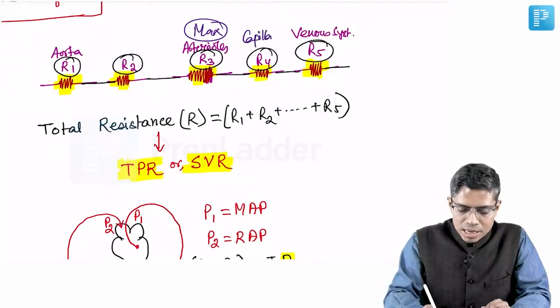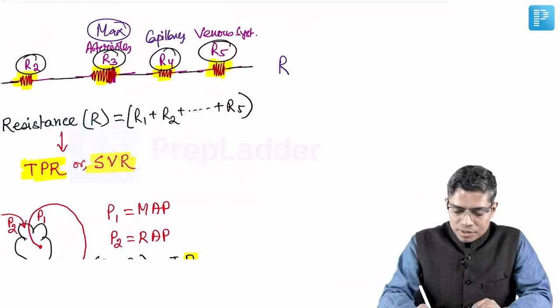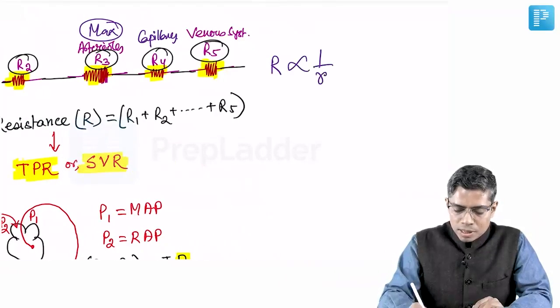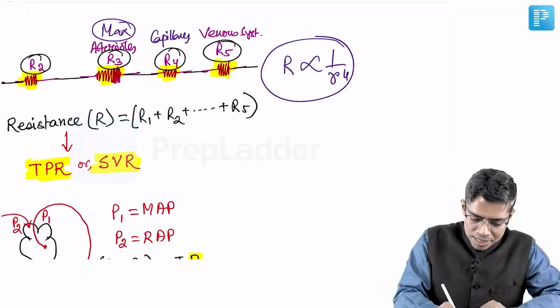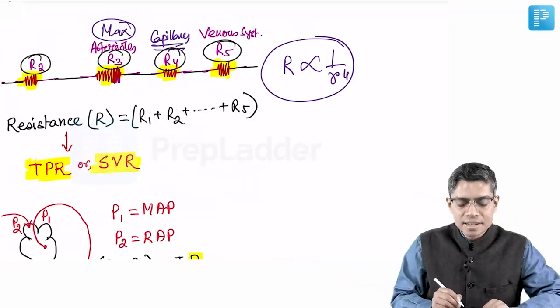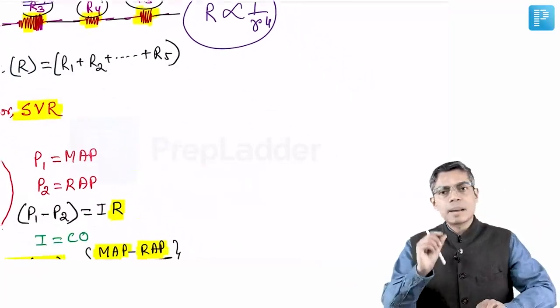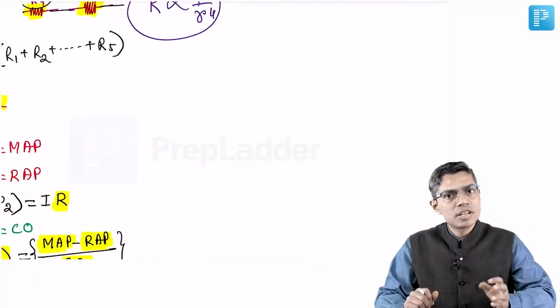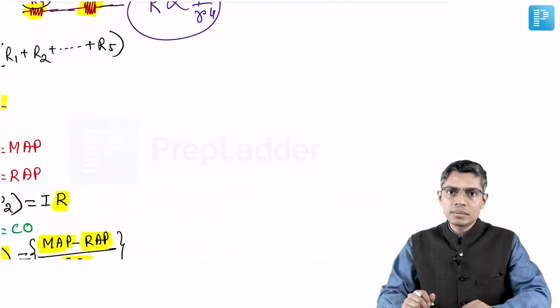Because just now we have also discussed that resistance is inversely proportionate to the power 4 of the radius, right? So capillary radius or capillary diameter and arteriole diameter, if you look at, obviously capillary diameter is very less, 6 to 10 micrometer, and arteriole diameter is more than that of the capillary diameter.